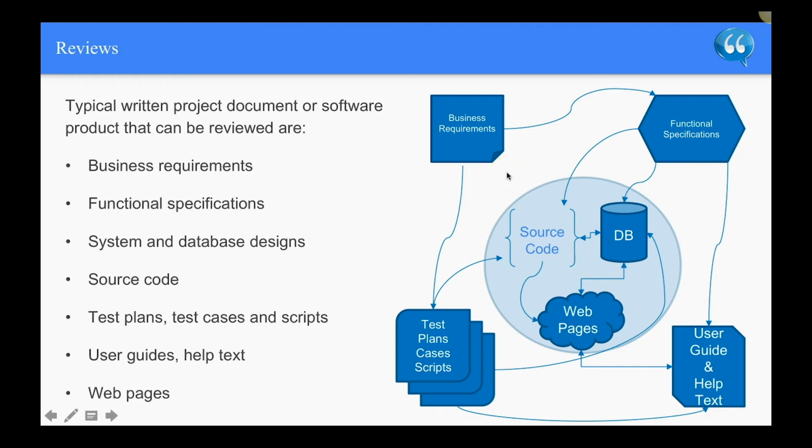Typical written project documents or software products that can be reviewed are business requirements, functional specifications, system and database designs, source code, test plans, test cases, scripts, end user guides or help text that are used to support the development and the actual user itself, and web pages. So as you can see, pretty much anything can be reviewed.